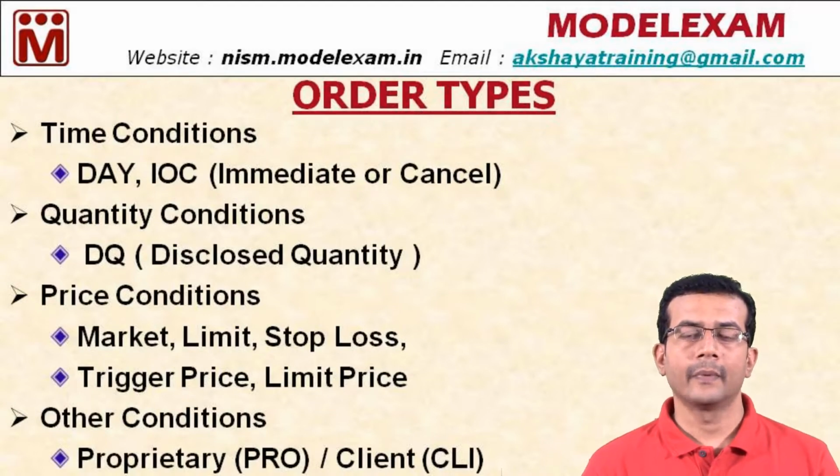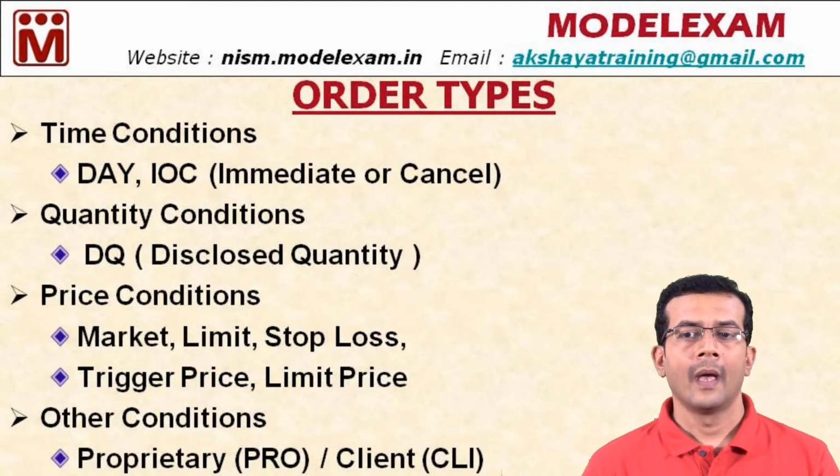If it goes up, then you put a trigger price at 105 and a limit price at 104. So whenever the stock price reaches 105, a stop loss buy order will be triggered into the system, and that stop loss buy order will be triggered with a limit price of 104. So this is the logic of stop loss orders, and stop loss order is an example of a price condition order.